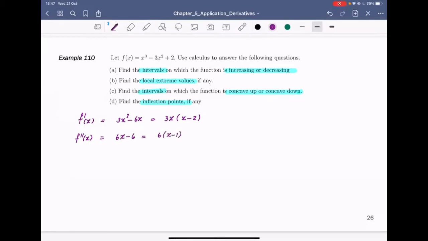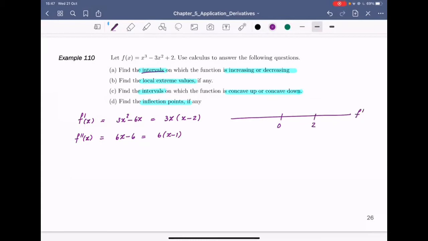All right, let's start from question A. So what is the interval of increasing and decreasing? You have to look at the critical numbers, right? So f prime of x is 0 when x equals 0 and x equals 2, right?